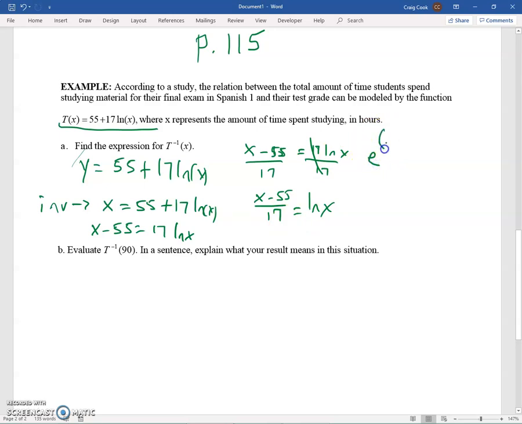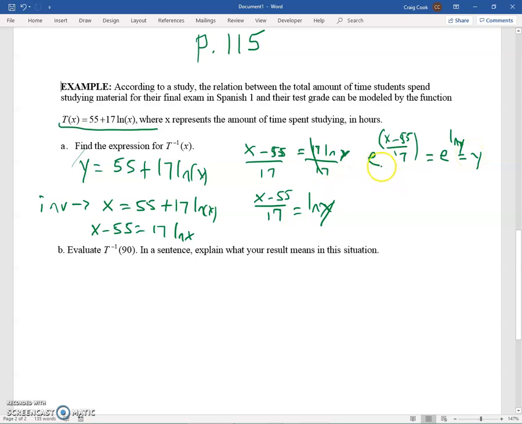So we have e raised to the x minus 55 over 17, all that is an exponent, equals e to the ln y, which just equals y. I've been saying x, this is y.